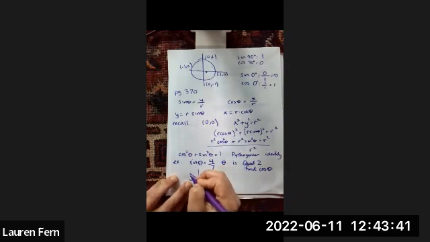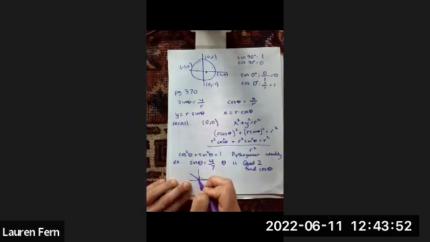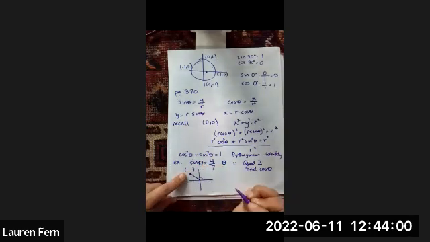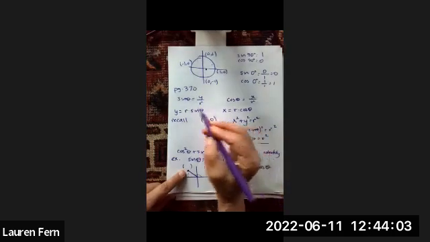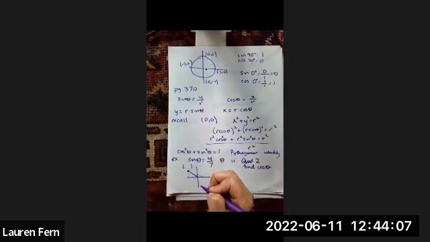So we're going to draw a right angle going down here. And the sine, recall, is my y value. Y is my radius times my sine of theta.